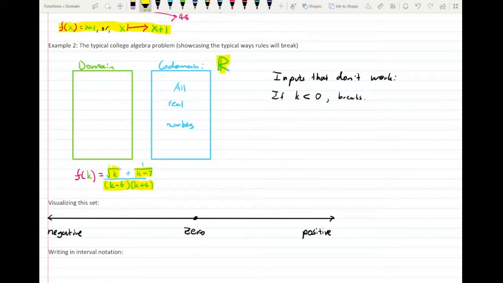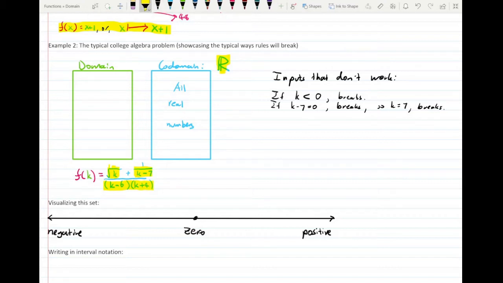Looking at the second possible breakpoint, this division by a number, we know that if k minus 7 equals 0, we will divide by 0, and thus we will break things. So if k is equal to 7, we break things.